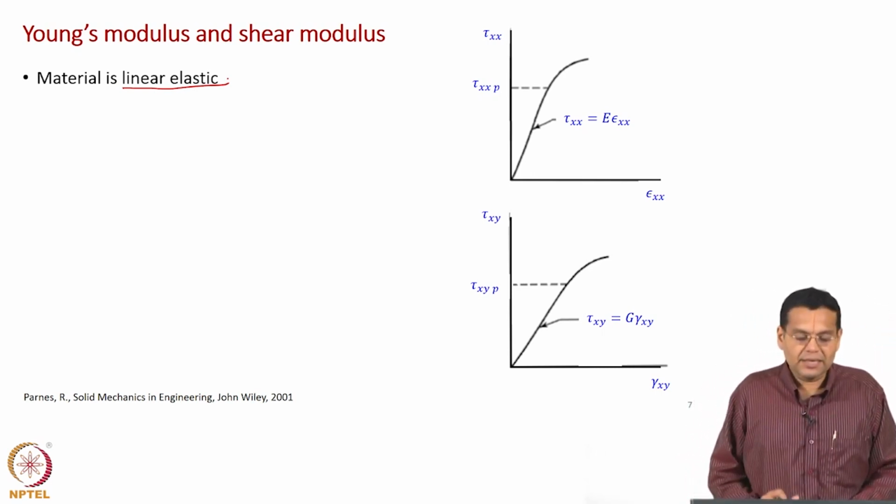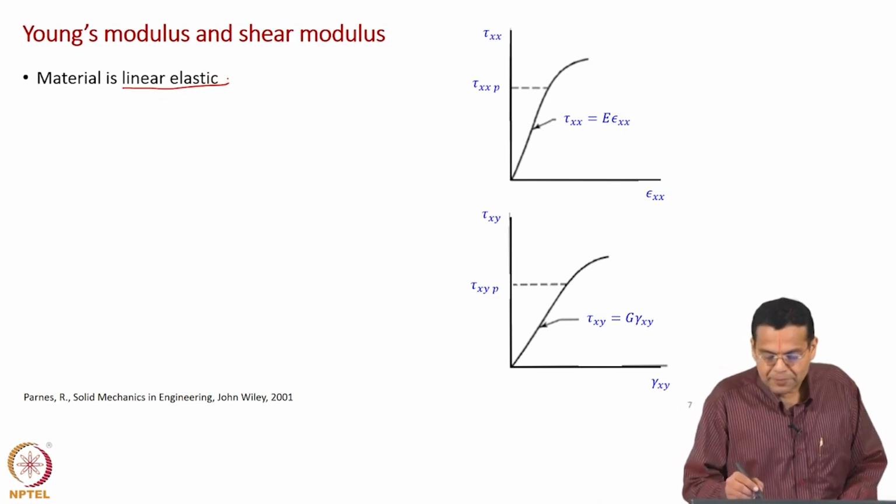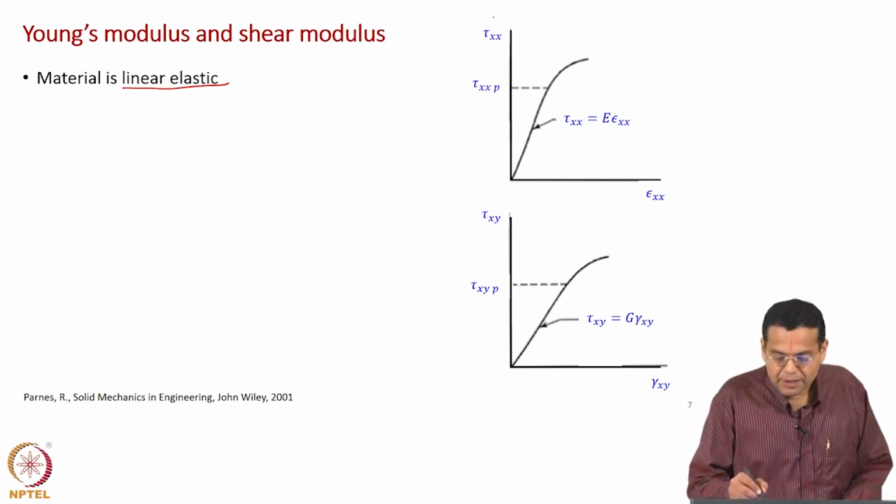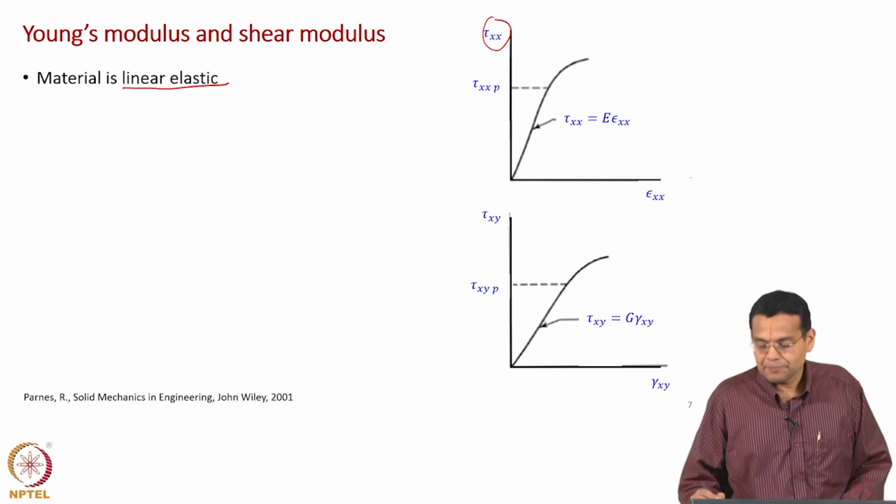So we will discuss this linear elastic with respect to normal stress and shear stress. Those are the two graphs shown here. The first graph plots normal stress versus normal strain.